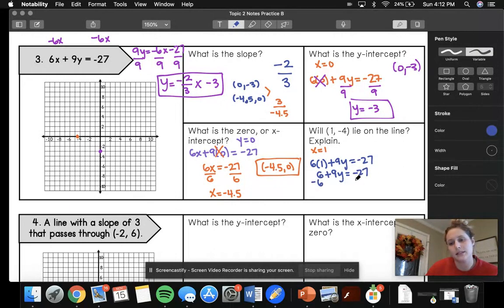Okay, I'm going to take away the 6. 9y equals -33. So I can already tell it is not going to be -4 because that is not a whole number. So no. 1, comma, looks like it's -3 2/3 is what would be on the line.